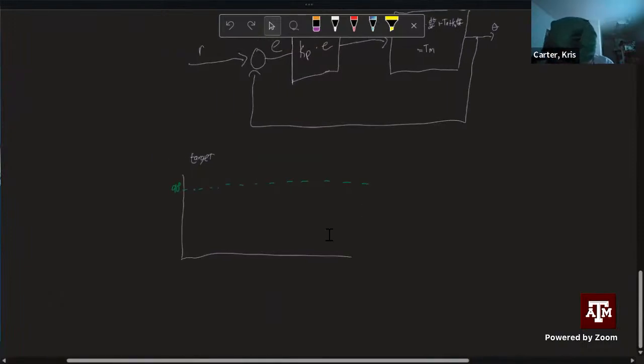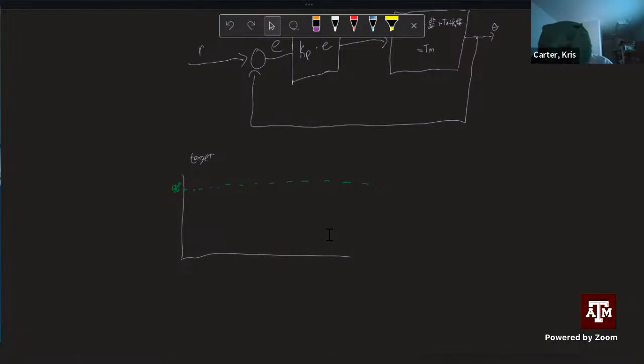And what graph are we drawing? So this is the output graph. So we know it's going to start at 0, and as time goes on, it's going to increase.